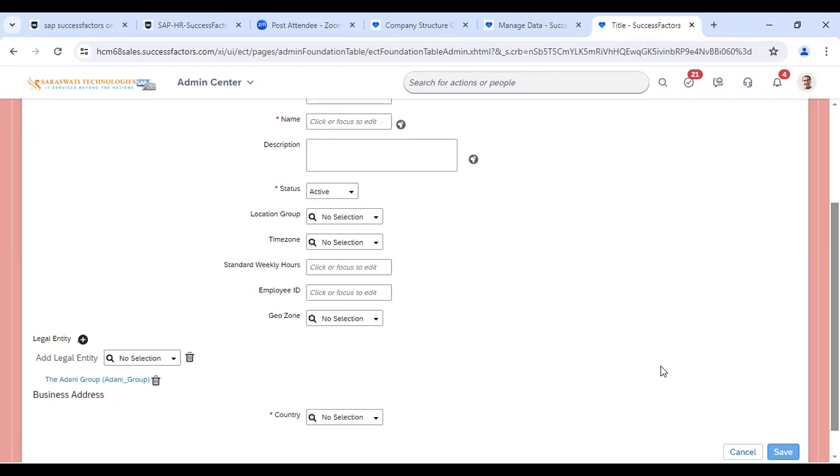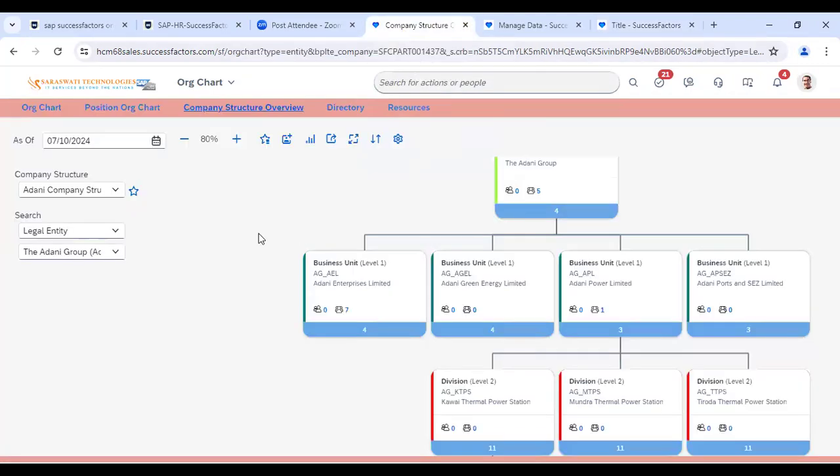I think these are very basic questions, and most of the people whose interviews I am taking lack on these questions, on how a location is associated with different legal entities. So you need to remember these things while doing interviews or preparing for SuccessFactors. This is very important.